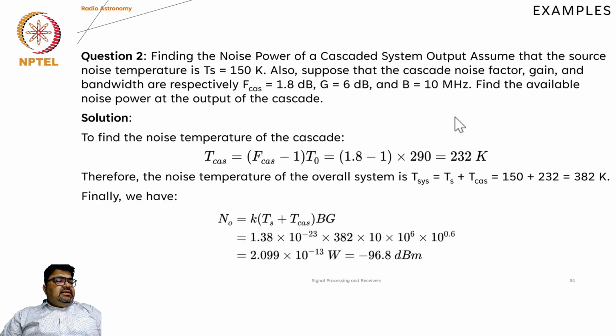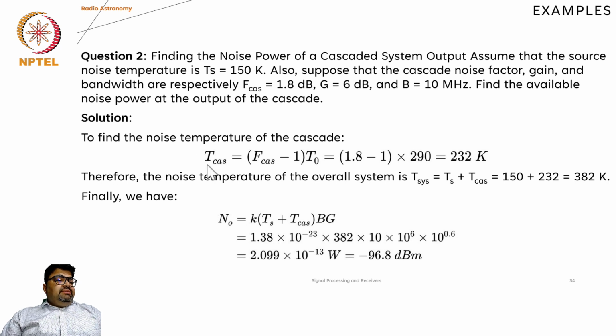So our next example is finding the noise power of a cascaded system output. Assume that the source noise temperature is Ts equal to 150 Kelvin. Also suppose that the cascade noise figure, gain and bandwidth are respectively 1.8 dB, 6 dB and 10 MHz. Find the available noise power at the output of the cascade.